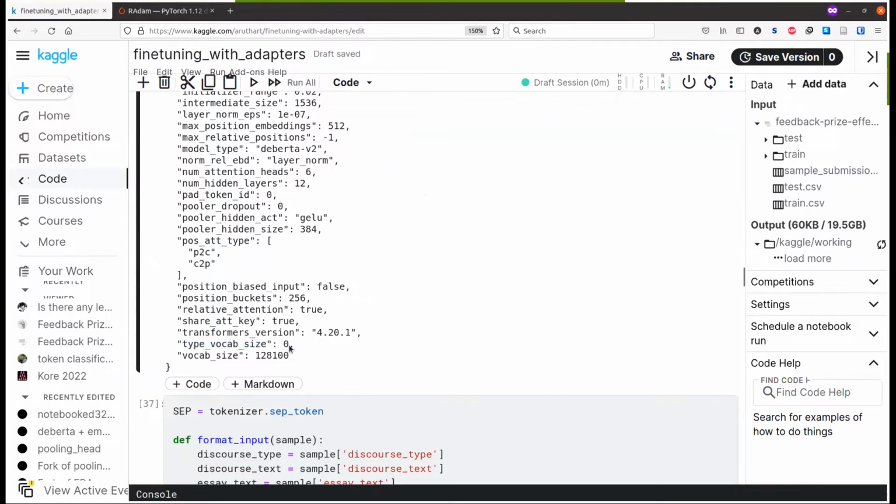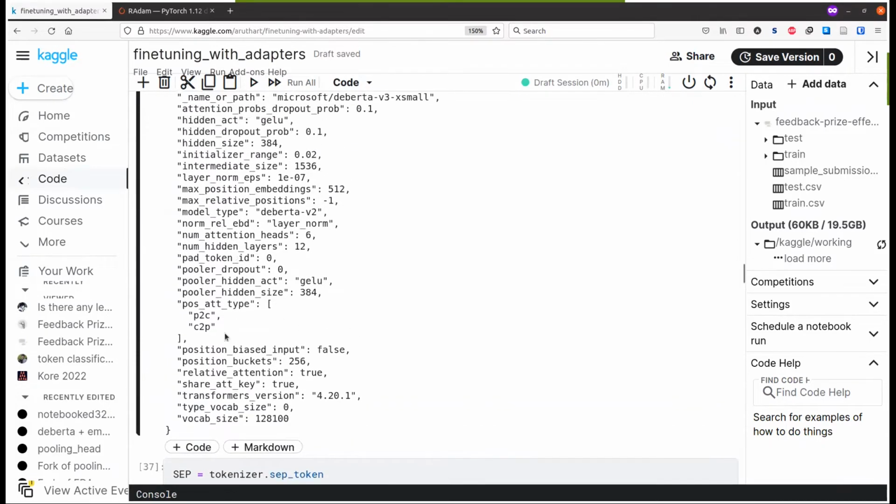If it's 0, as it is for DeBERTa by default, the token type IDs are ignored. But if you set it to some other number, I haven't tried that, in that case it will probably just learn the token type IDs from scratch.